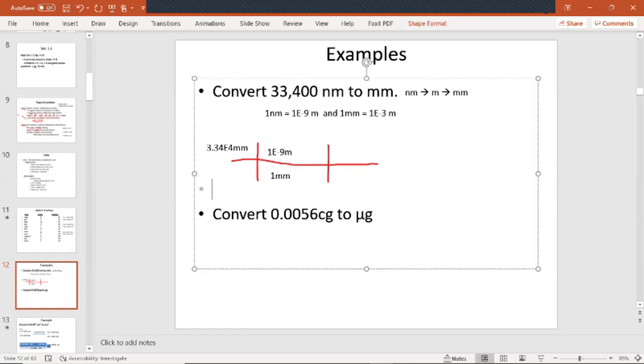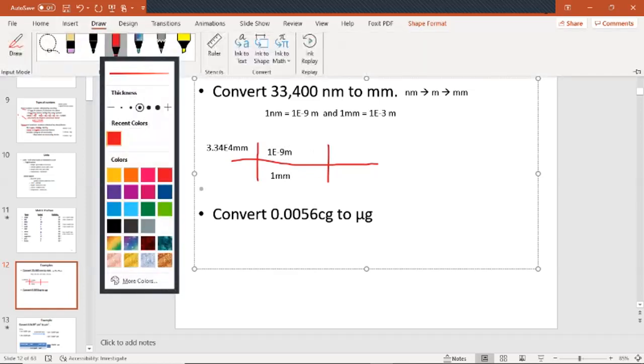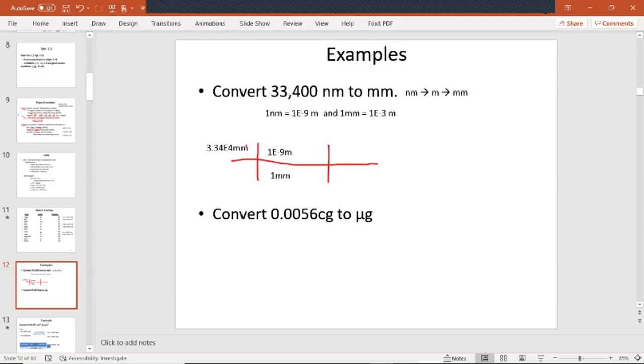Now I'm going to do this in 2 steps, just so you can see the process, but you could do it in 1 step if you like. So here the millimeters cancel, and what we have left is meters. So whenever you multiply, you add exponents.